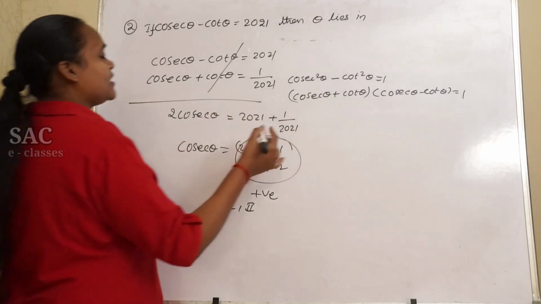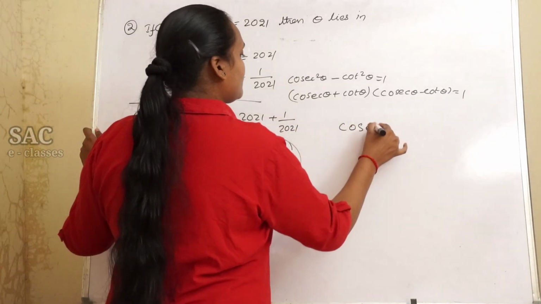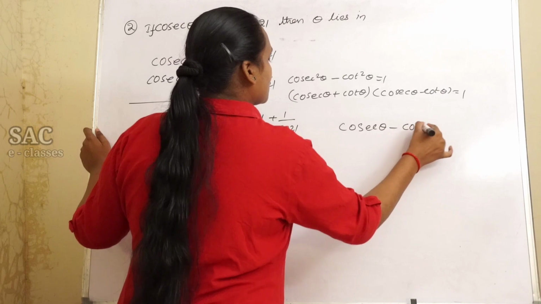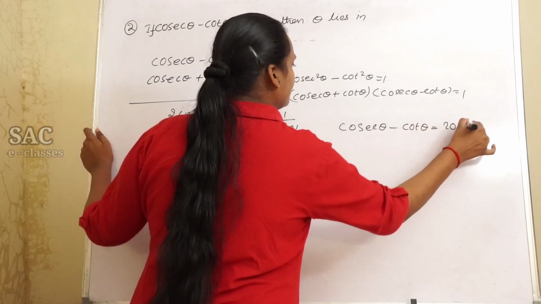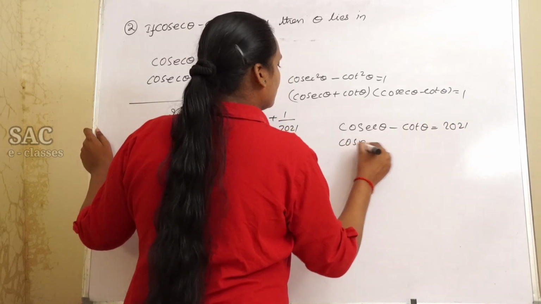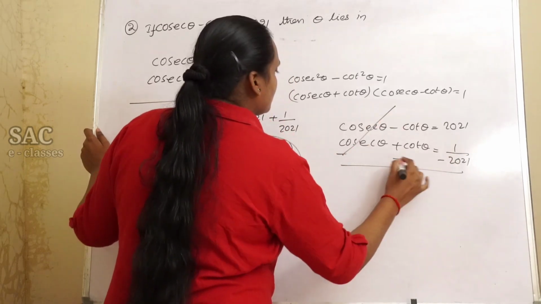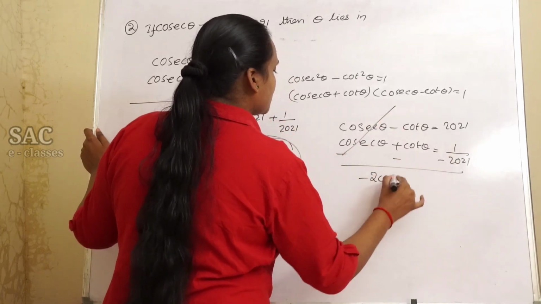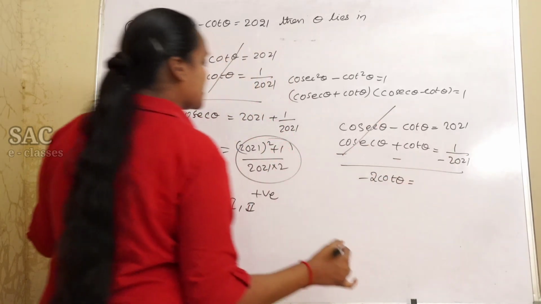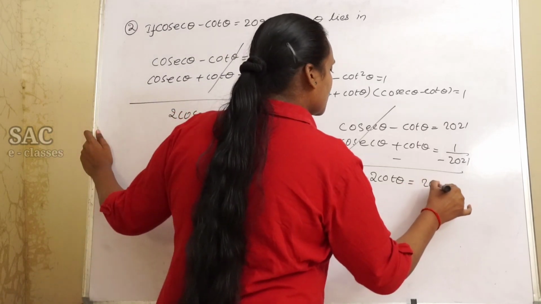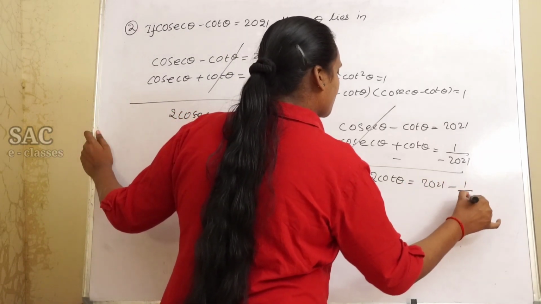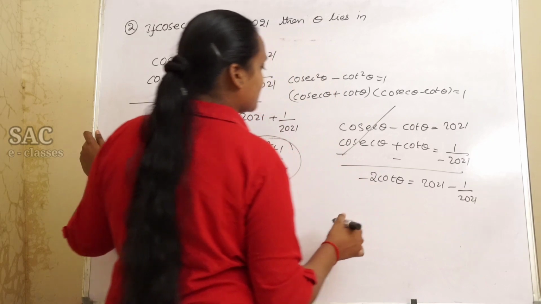To confirm that, these factors are going to be subtracted now. Then it is minus 2 cot theta equal to 2021 minus 1 by 2020.